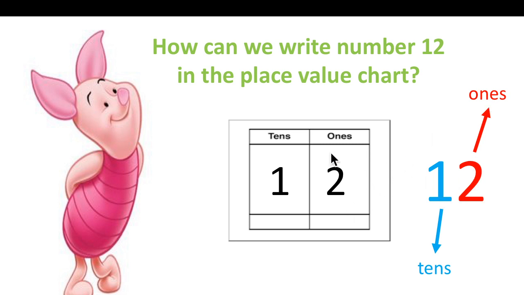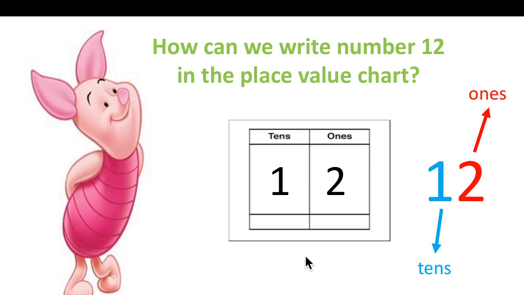And the number 1 will go into the tens box, because the number 12 is made of 10 plus 2. 10 plus 2 equals 12. 1 ten and 2 ones equals 12. This is the way we will write numbers.